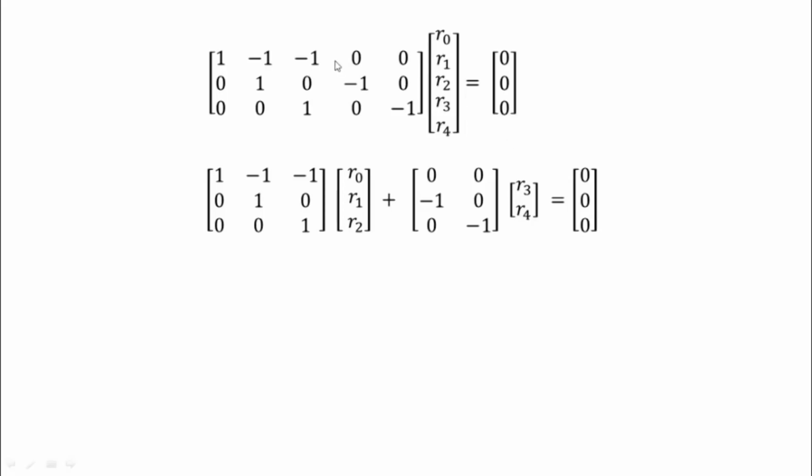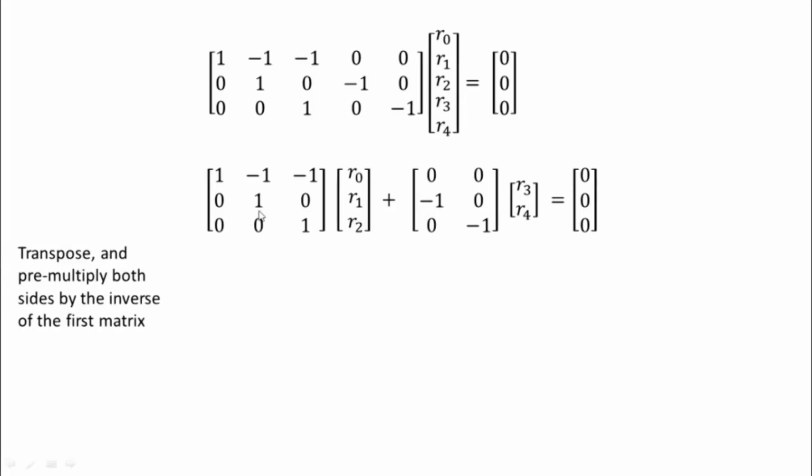That will essentially be the same as this. You can test it out. So minus 1, minus 1, minus 1, 0, 1, 0, 0, 0, 1. This corresponds to R0, R1, R2, so we have written that separately. And 0, 0, minus 1, 0, 0, 1. This corresponds to R3 and R4. And so we have written them separately as 0, 0, 0.